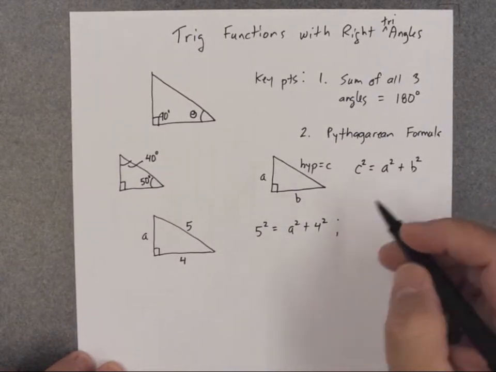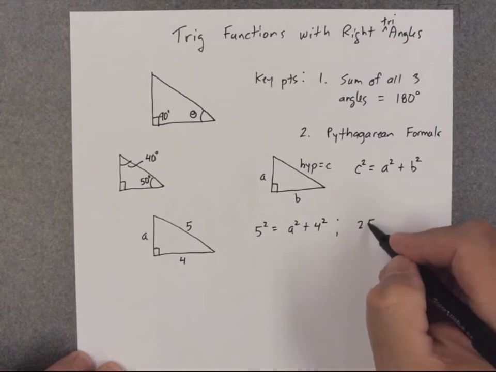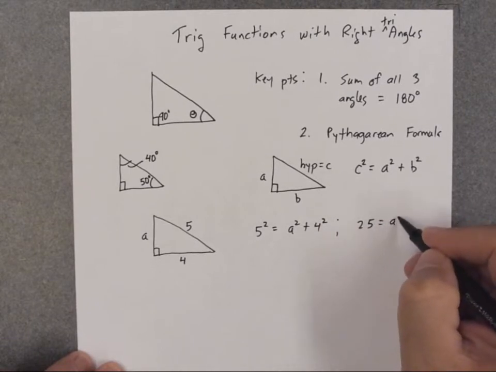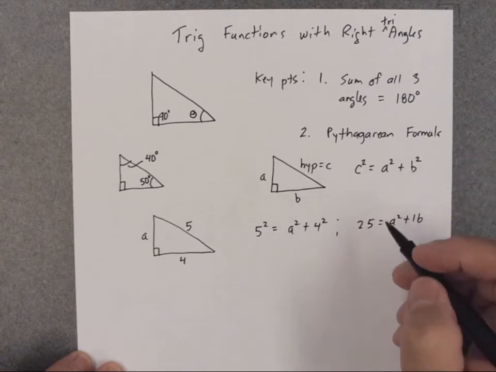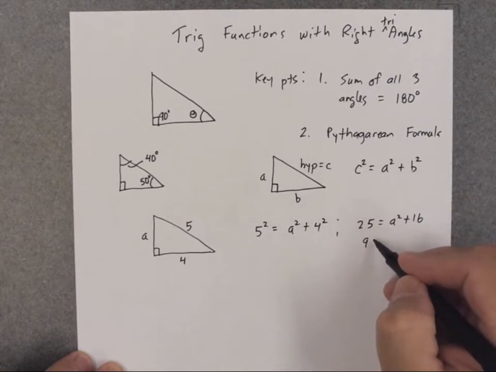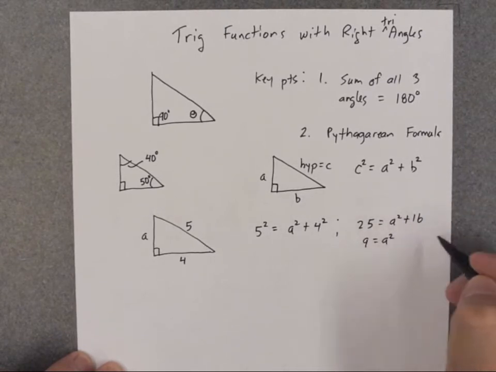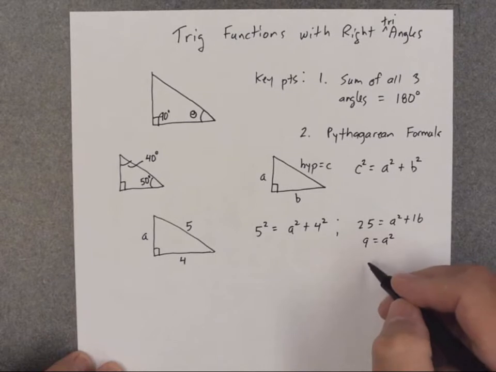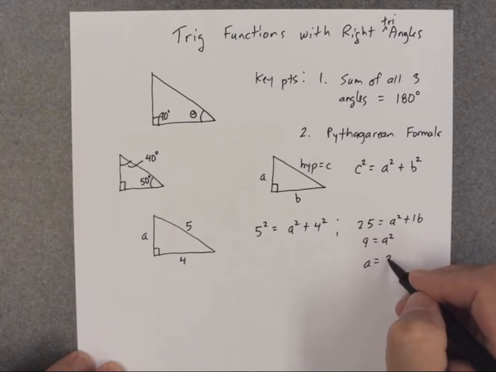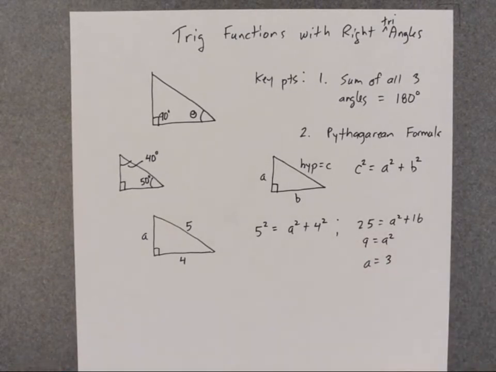So if I go and try and solve this, 25 equals a squared plus 16. If I subtract 16 from both sides, I get 9 equals a squared. So what would a be? What do you have to square to get 9? A would be 3.